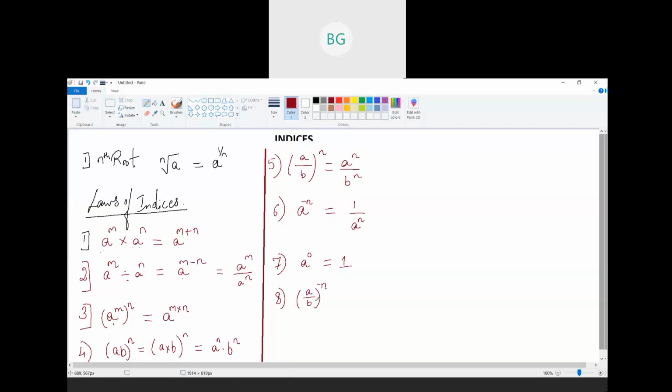As I said, we have to take the reciprocal of the base to make the power positive. So a upon b can be written as b upon a. Since we took the reciprocal of the base, the power becomes positive, so this will become (b upon a) to the power n.